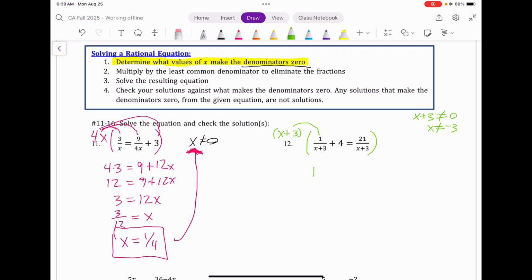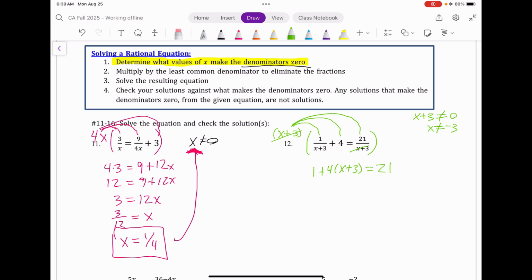Everything cancels. And the x plus 3 and the x plus 3 cancel, leaving 1. X plus 3 times 4 is 4 times x plus 3. X plus 3 times that last fraction will cancel out the denominator, just leaving 21.